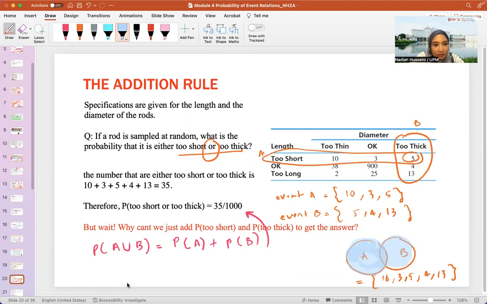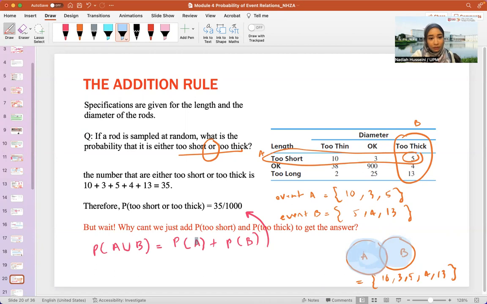Zul. Yes, thank you, Zul. That is correct, I'm impressed. So we have a duplicate. We can't add P(A) and P(B) to find the union. You would have a duplicate and that would mess up your calculation.